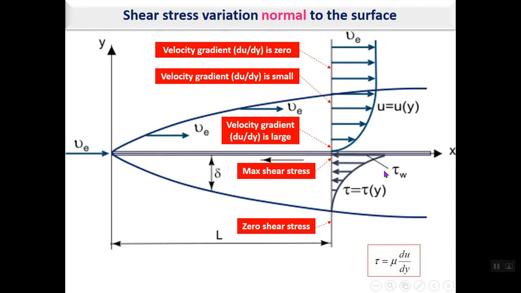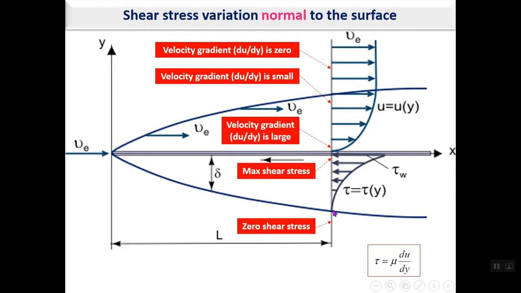This is the shear stress profile near the surface. As you can see, where the velocity gradient is maximum, you have the maximum shear stress at the surface, and as the velocity gradient is decreasing because of this formula, the shear stress will also decrease up to here at the edge of the boundary layer, because at the edge of the boundary layer the velocity gradient will be 0, as you can see here.